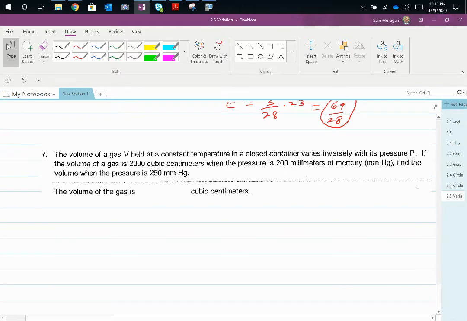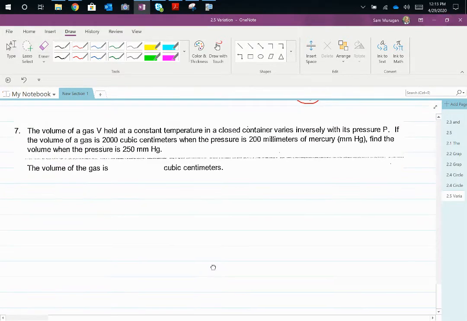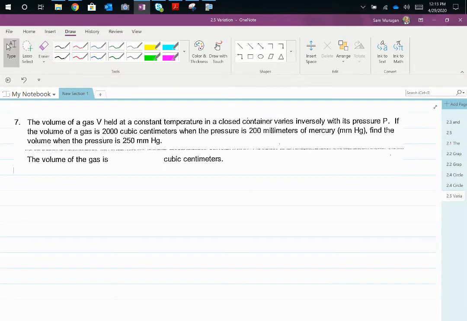Okay, here we go. The volume of gas V held at a constant temperature in a closed container varies inversely with the pressure P. That first sentence tells us the variation.